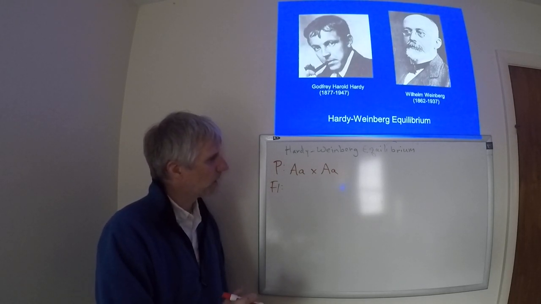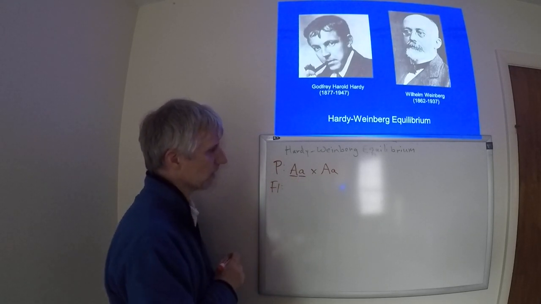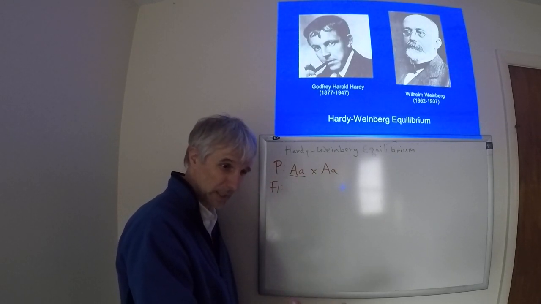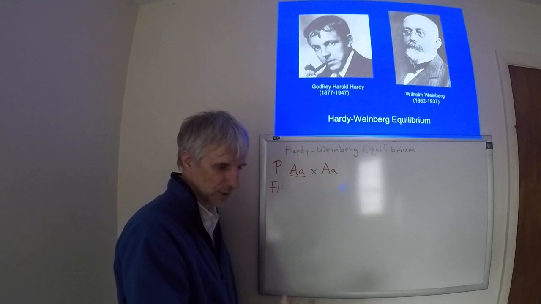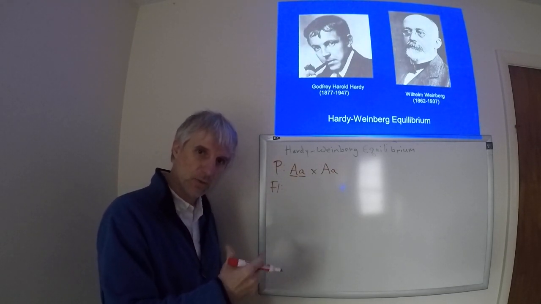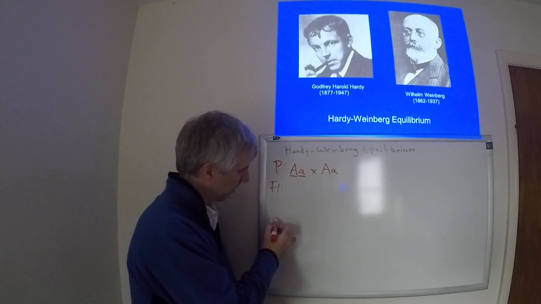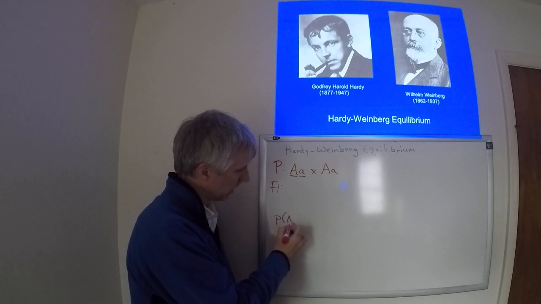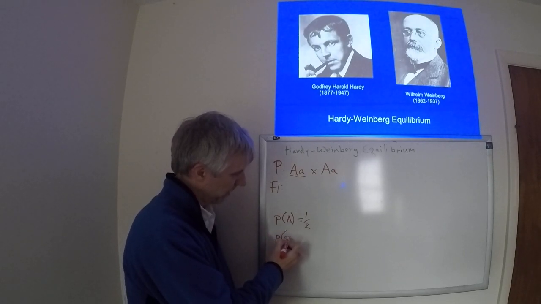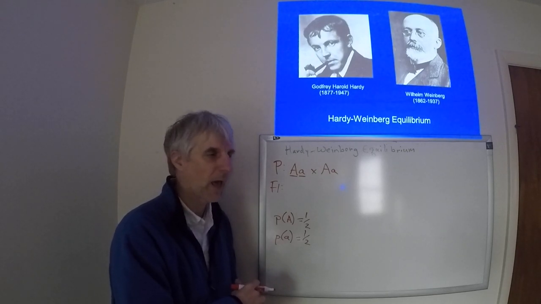What I could do is recognize that this individual has two alleles, and the probability of contributing each of them to the next generation is equivalent, which goes back to one of Mendel's laws of independent assortment. We could say that the probability of contributing a big A allele to the next generation is 1/2, and the probability of contributing a little a allele to the next generation is 1/2.